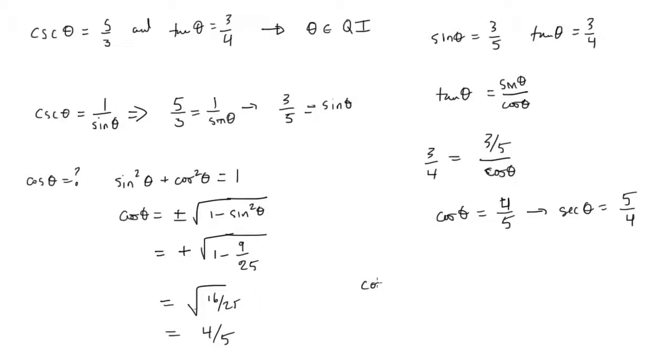And then lastly, we know that cotangent is 1 over tangent, and tangent was 3/4, so this must be 4/3. So we've got, if I'm counting right, all 6 trig functions, and that wasn't so bad.